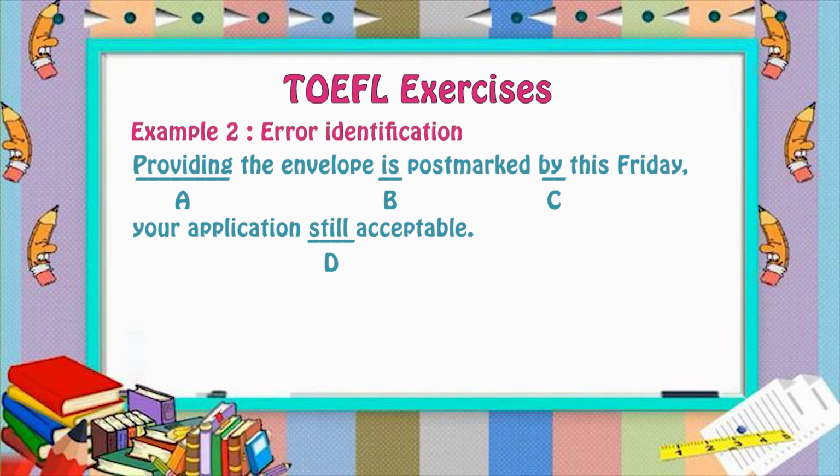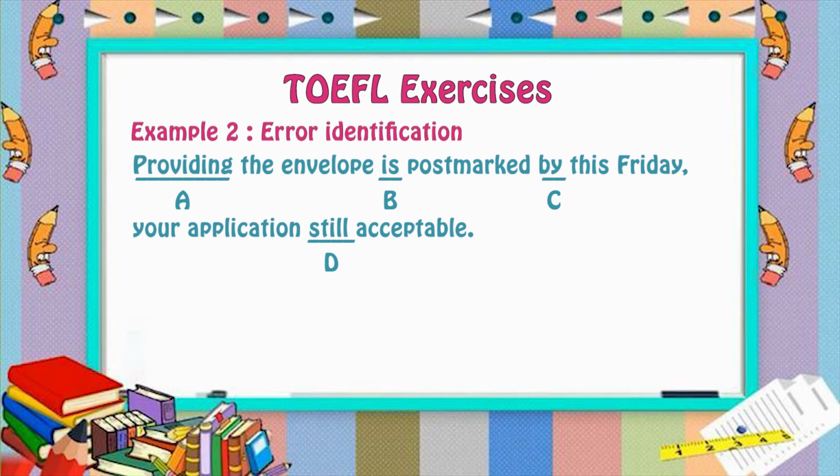And here we have the subject. What is the subject? The envelope, right? Do you have the verb? Yes, is the verb. Is it true? The subject is envelope, and the verb is is. Yes, it is true because the envelope is singular, so the verb be used is is.